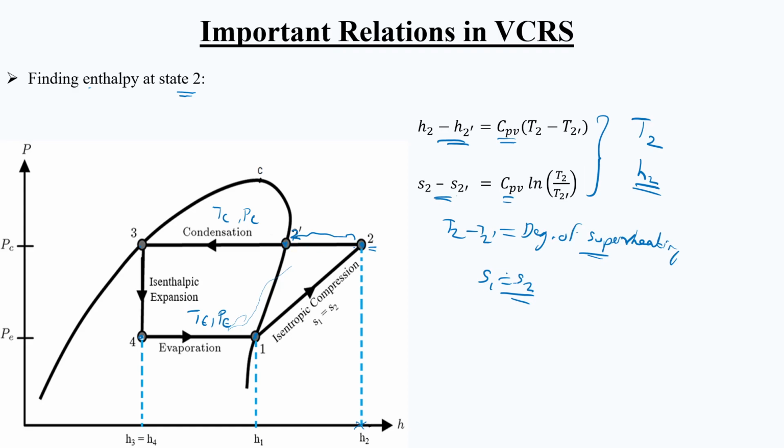Using this entropy relation, we can find the temperature at 2 in Kelvin, and substituting this back into our enthalpy equation, where H2 dash and T2 dash are known, where T2 dash is nothing but our condenser temperature, we can easily find the value of H2, the enthalpy at 2, subject to the condition that the specific heat of the refrigerant vapor, that is CPV, should be given in the question.